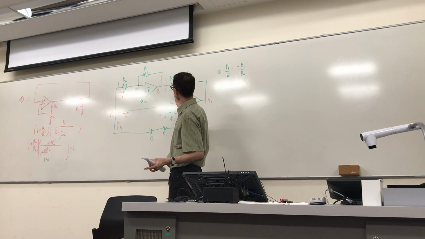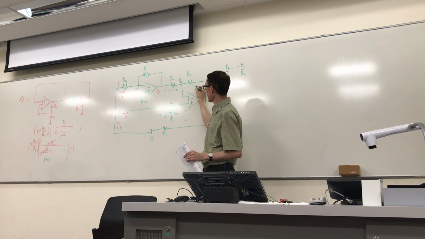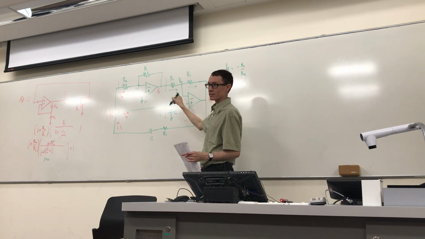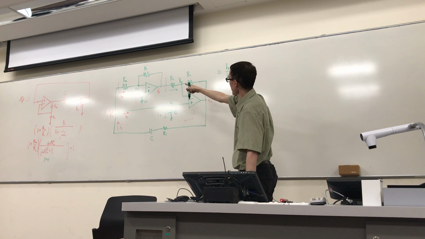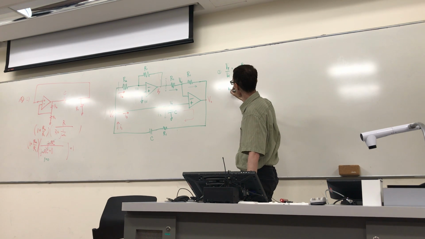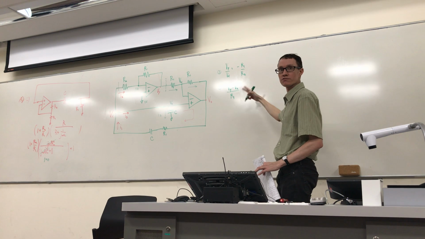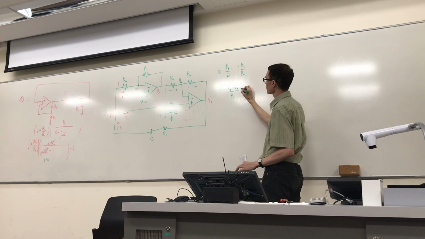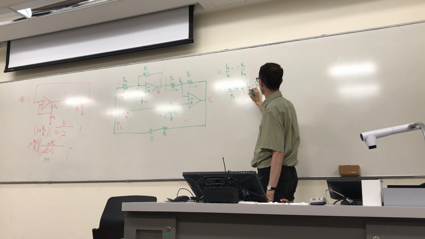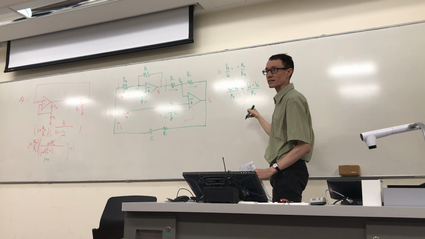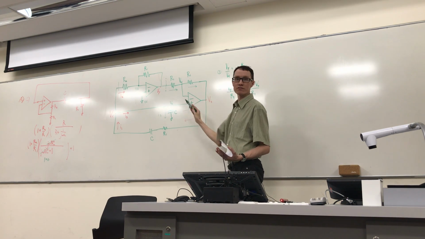All the current that passes through the first resistor R1 has to pass through the second resistor R1, right? Because none of it can branch down there through the amplifier. So the current through the first resistor is Vy minus Vx over R1, using Ohm's law, V over R. The current through the second resistor R1 is Vx minus Vo over R1. The R1s are going to cancel. These equations just tell us that Vx sits halfway between Vy and Vo.